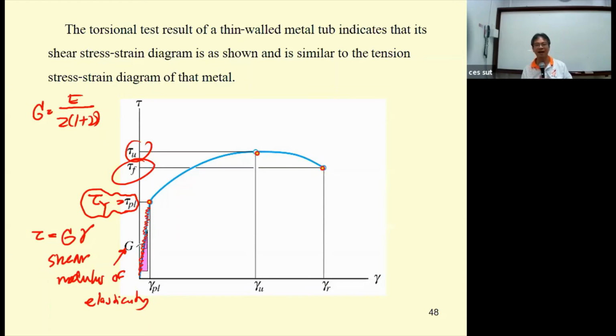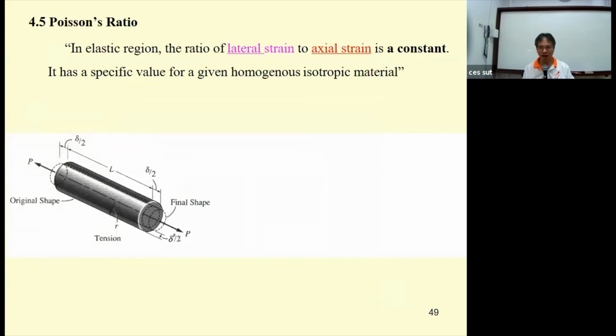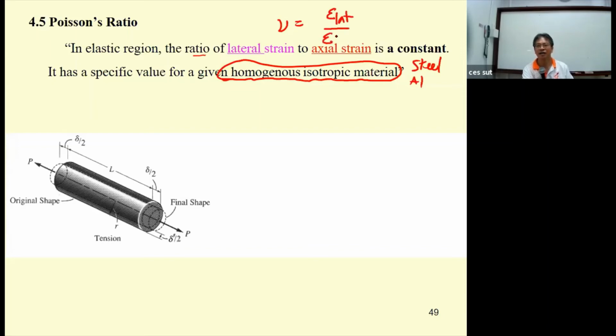Okay, and then we come to Poisson ratio. We know that Poisson observed that for a given homogeneous and isotropic material, such as steel or aluminum, there is a property: the ratio of the lateral strain divided by the longitudinal strain is going to be a constant.